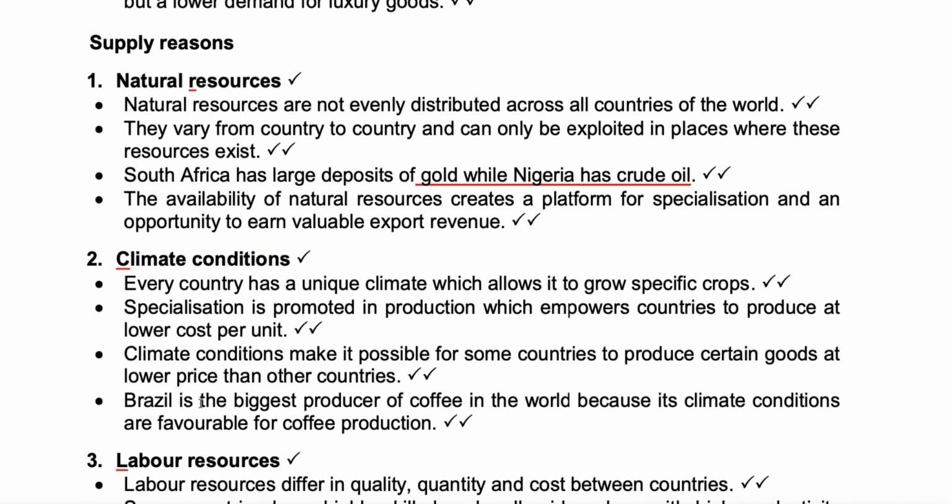Good. Right, climatic conditions. Because of your climate, you plant whatever it is that your climate agrees with. So basically this one is, God gave us gold, let's mine it. Here, this is our climate. We would want to plant rice, but unfortunately our climate does not allow it.